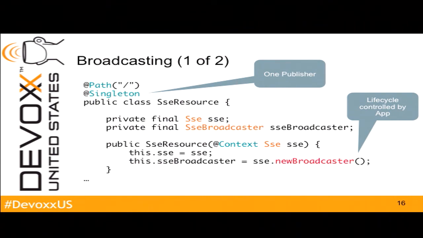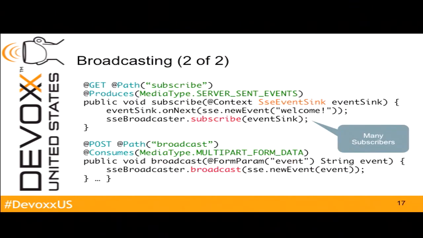All right, so this is just a setup for our resource class. So let's see how we can actually use one of these broadcasters. So we have 2 resource methods here, one to subscribe and the other one to broadcast. The one to subscribe, the only thing we do is when we get a connection over that resource, then we essentially just push it to the broadcaster and we say, hey, here's a connection that you need to talk to. And we just send a welcome message, I guess.